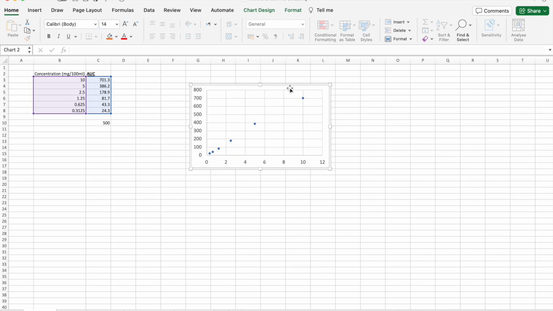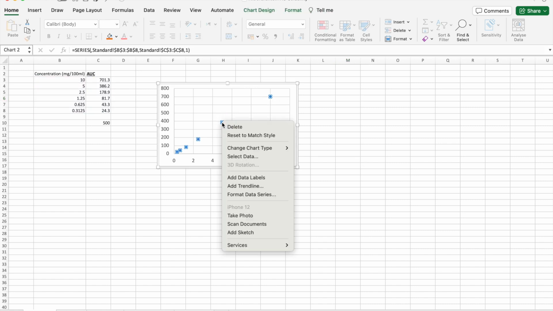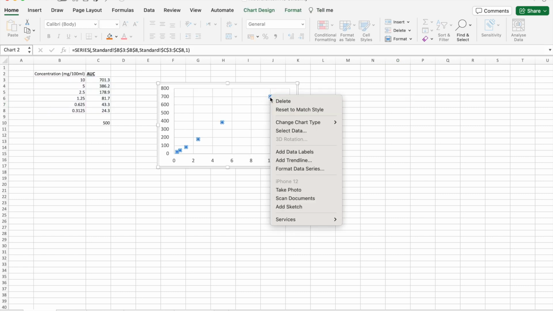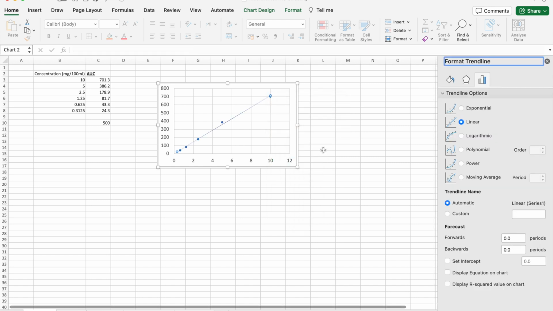The final thing I do is right click on some of the data points, and press add trend line. Then this dialog box will come up. I want to fit a linear model. I want to display the equation on the chart, and I also want to see the R squared.